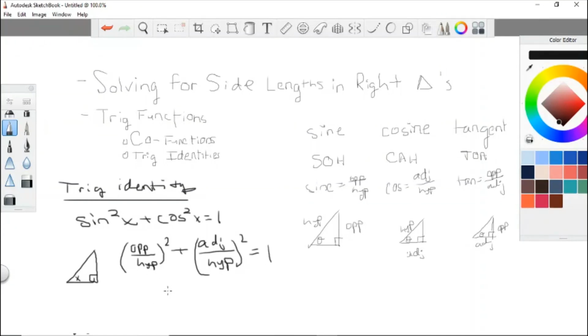So we have this statement, and it would come to this: opposite squared plus adjacent squared over the hypotenuse squared equals 1.